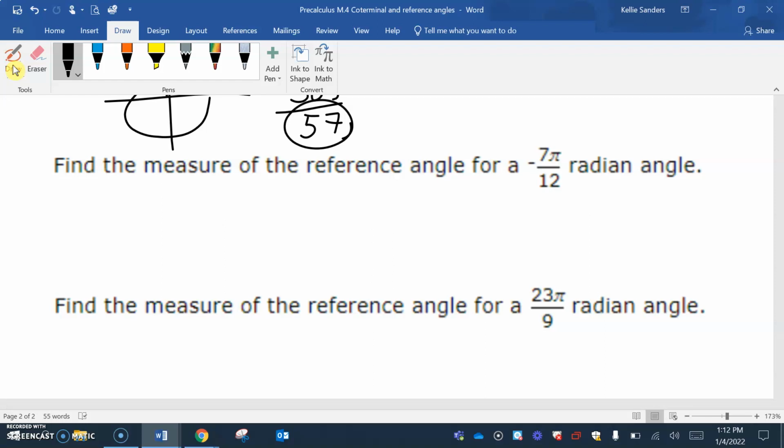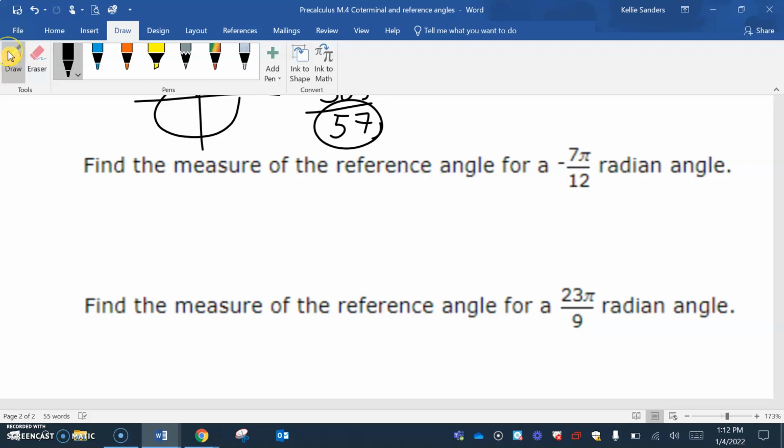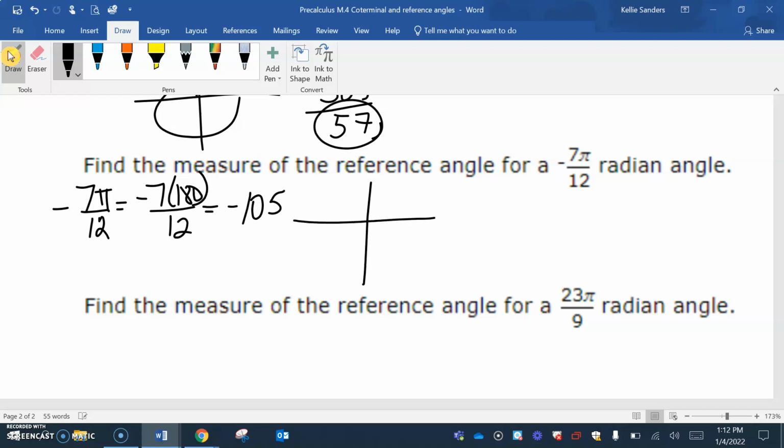Okay, 7 over 12 is bigger than 6 over 12, which is a half. We're just going to convert it. Seven times 180 divided by 12 is 105. So we want what's left.